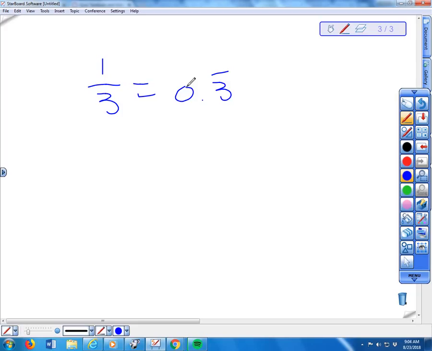Have you heard that before? I mean, hopefully from elementary. A fraction's a ratio. If I could say this is 1/3, or I could also say it's 1 to 3, it's a ratio. Okay? You're only going to get repeating decimals from ratios or fractions. Therefore, repeating decimals are rational.